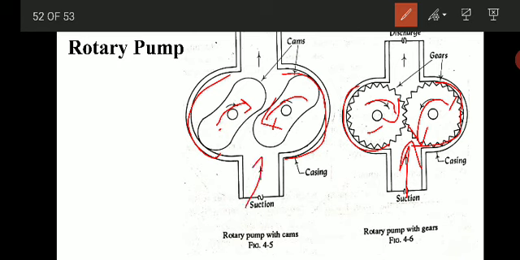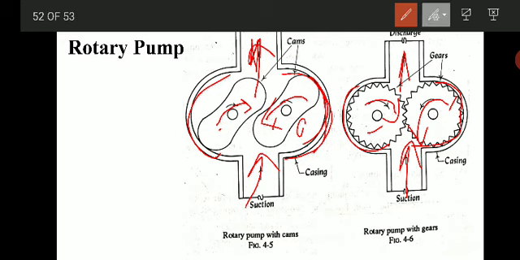When water enters, it is trapped between these cams and the casing. It is then thrown with force into the discharge pipe, because of the movement of these cams and gears. Depending upon the size and shape of the cams or gears, a certain quantity of water is thus raised with each rotation.